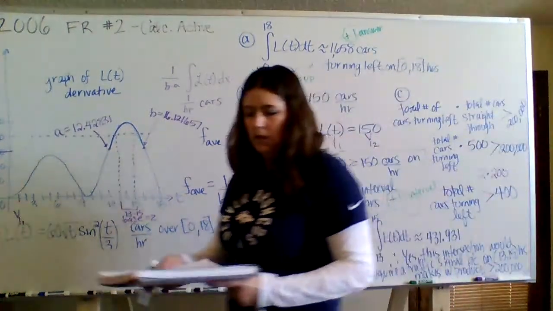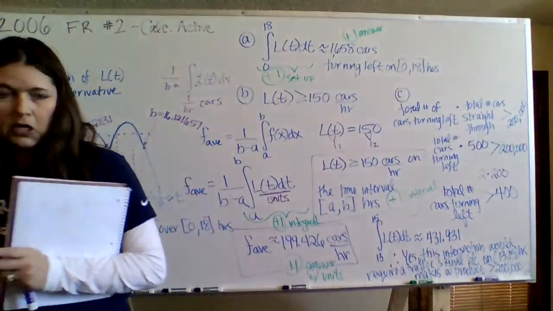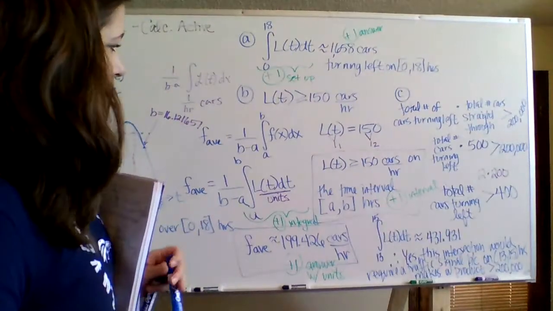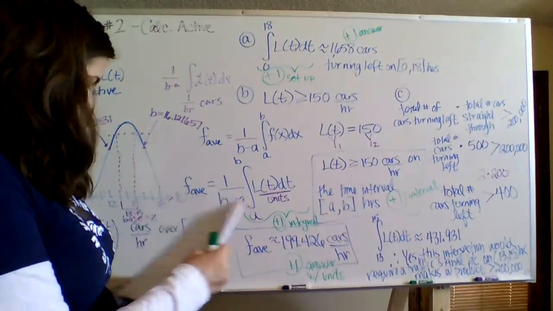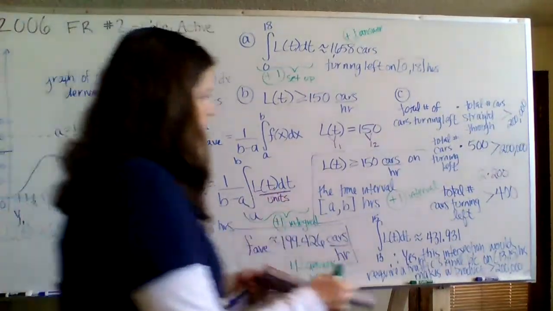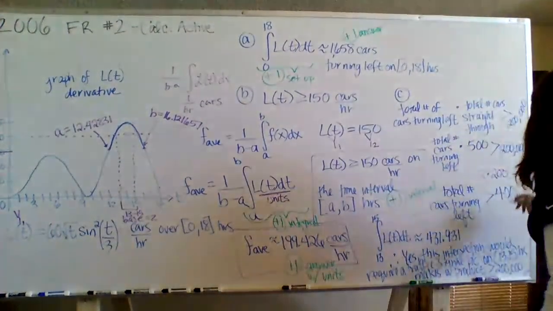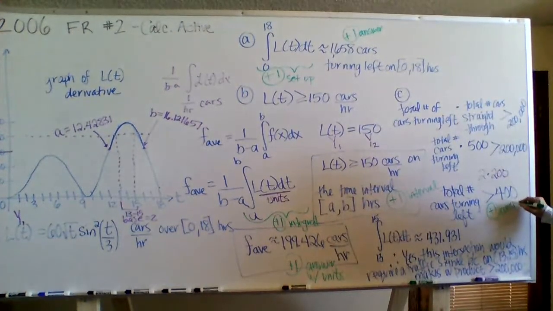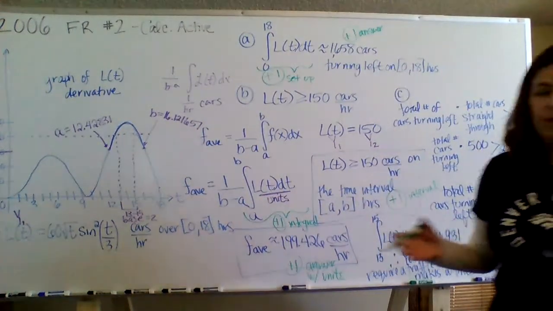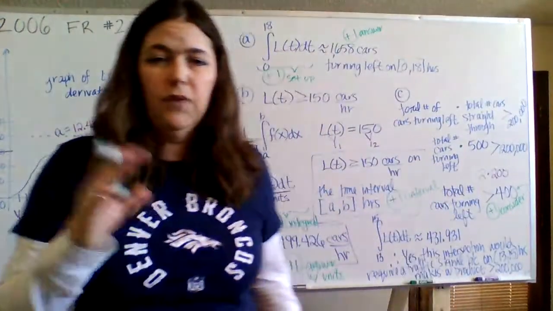Okay? So the points on part C, remember we had 4 to work with, went like this. The first one is that you understood that you had to consider the cars turning left being greater than 400. They're going to be pretty loose with that if they can follow your thought process.